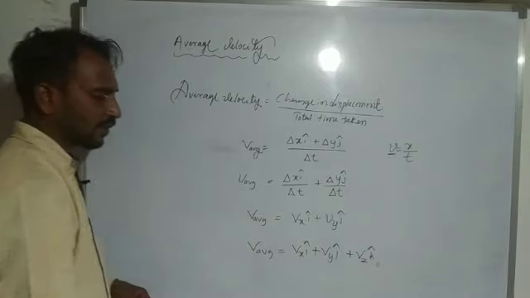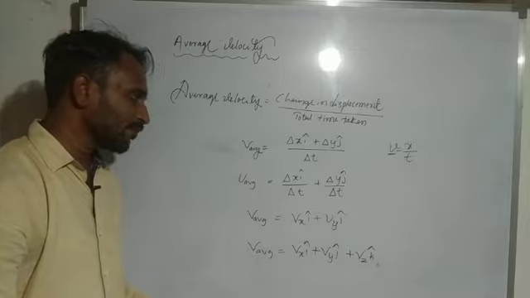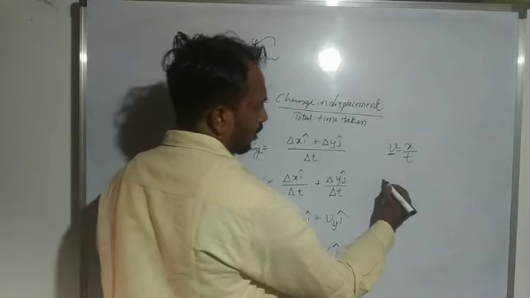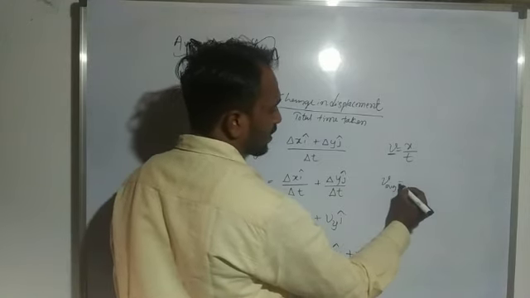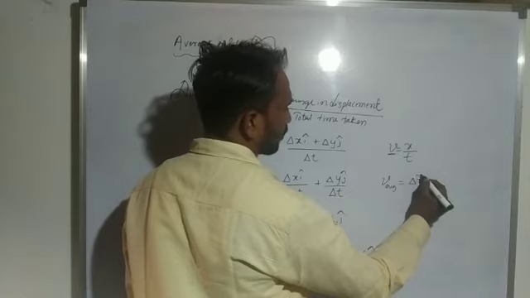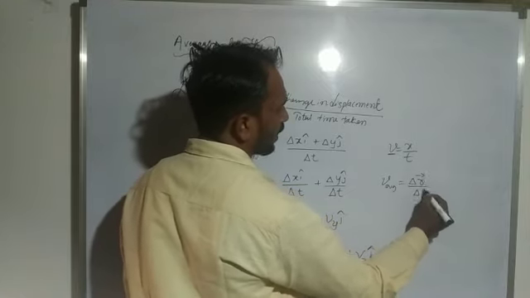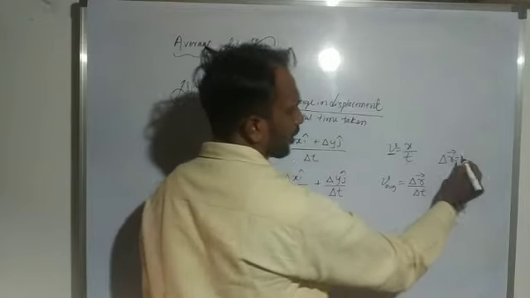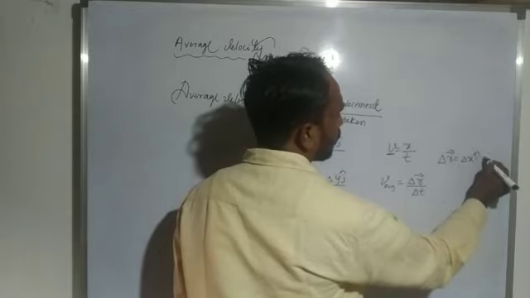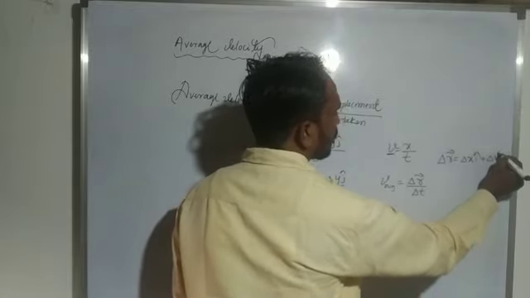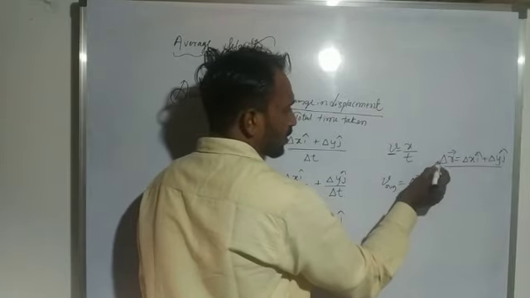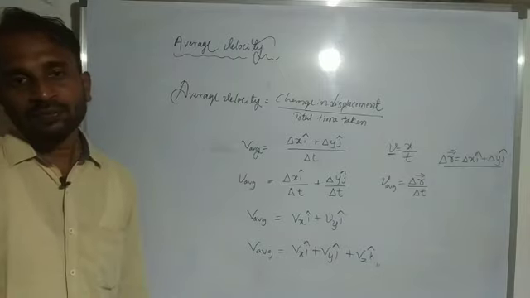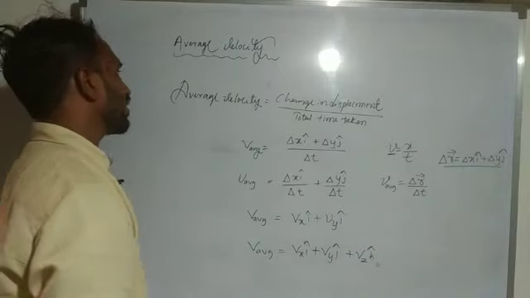This is the average velocity in space. In a simple way, average velocity is equal to delta r cap divided by delta t, where delta r cap is delta x i cap plus delta y j cap. So this is the average velocity.